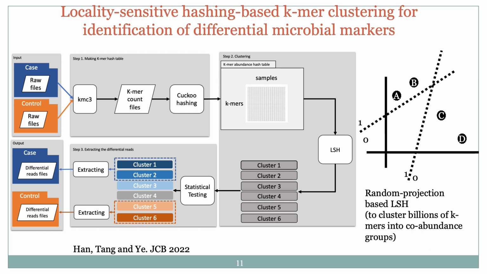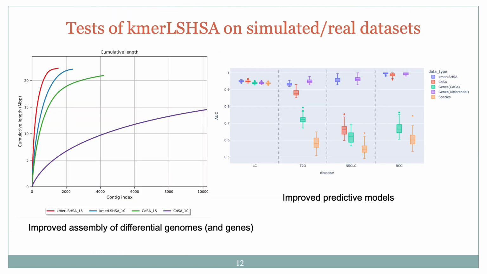Once we have the clusters, we can do statistical testing on the clusters, and then we can find those differential clusters of k-mers that are likely from differential genes. We show that by adding that clustering step, we can actually improve the assembly of differential genomes, as tested on simulated data sets with 10 different genomes on the left.